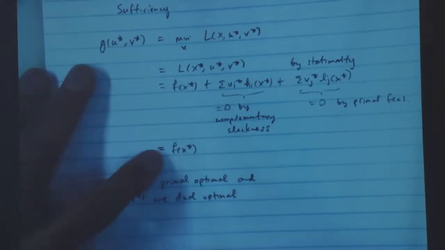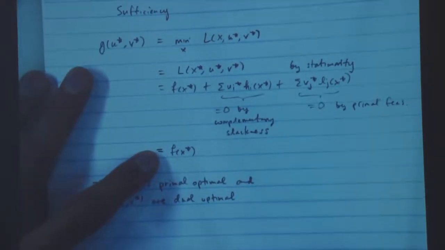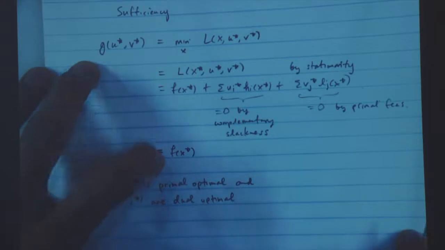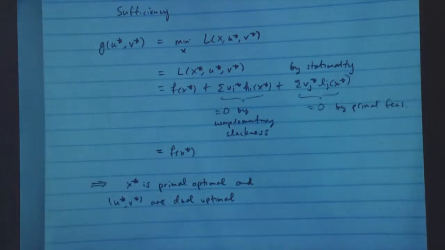In other words, we've just shown that the duality gap is 0 between these two. And from last time when we studied duality, we saw that if the duality gap is 0, then we must have the primal and dual solutions.